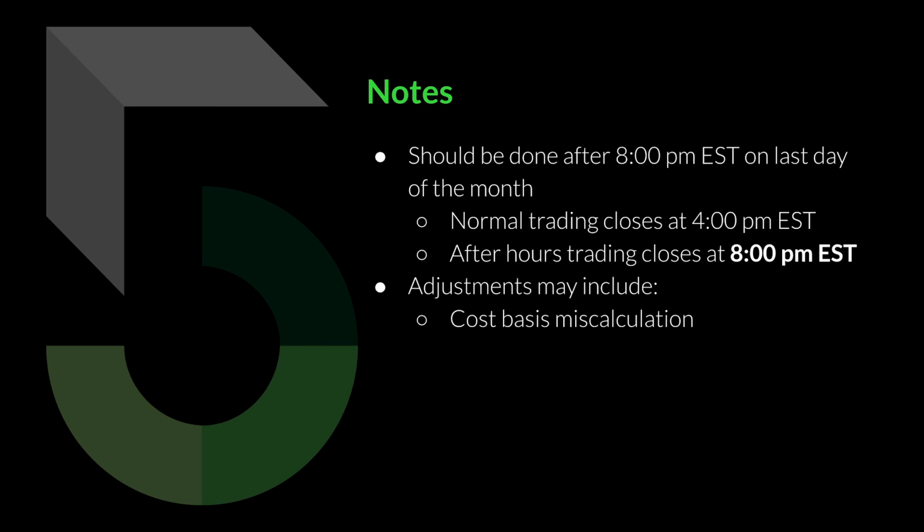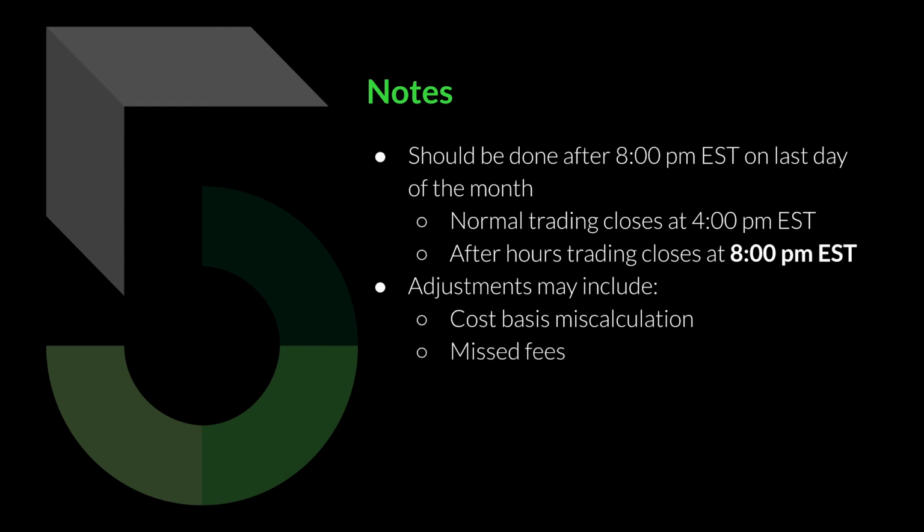Not that it's a miscalculation on the broker's part, but with the wheel, it's helpful to keep track of your cost basis in lots of 100 shares, whereas the broker usually calculates your cost basis on the total number of shares that you have. And that's going to be different than if you're keeping track by individual lots of 100. So if you want to know more about the cost basis and how that's calculated, I've made a cost basis calculator. I'll leave the link to the video and to that spreadsheet in the description.